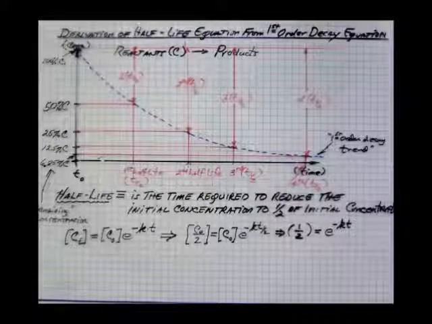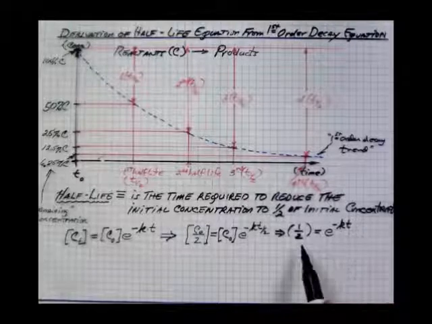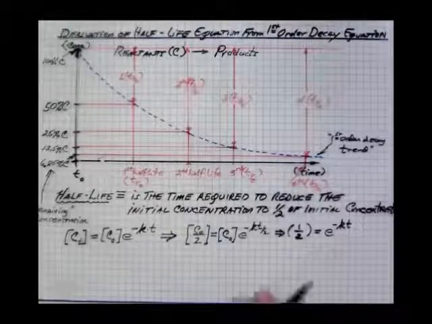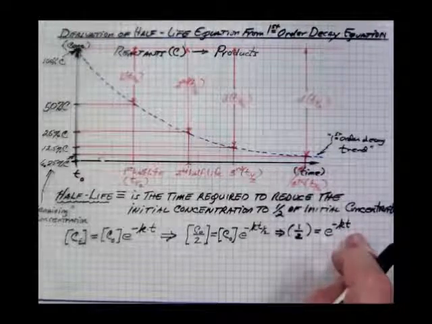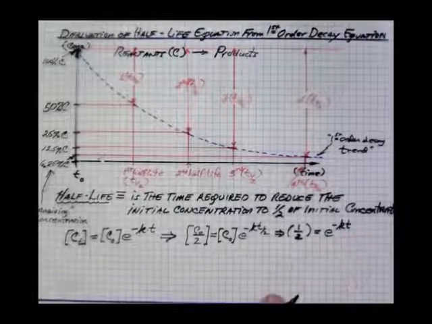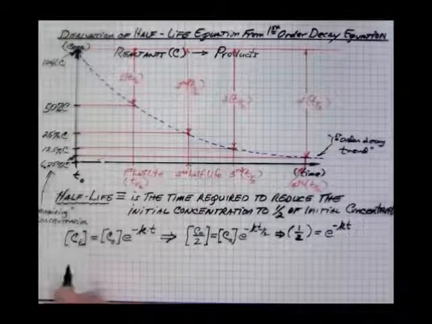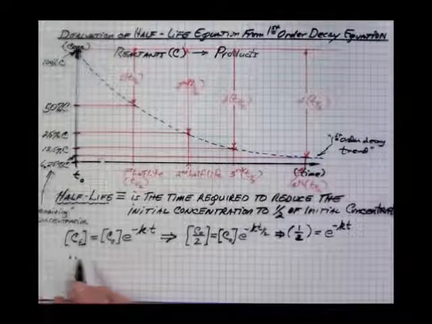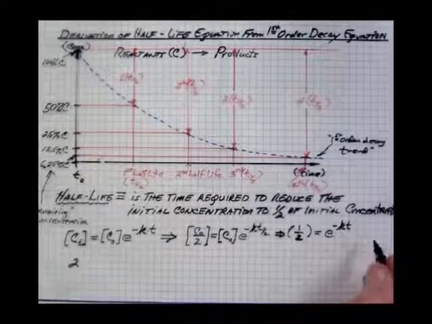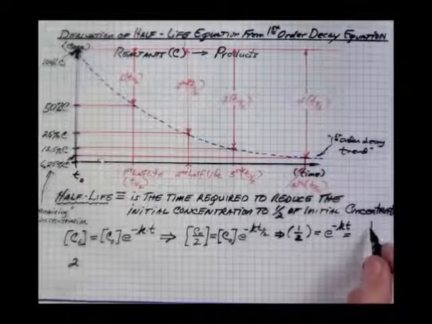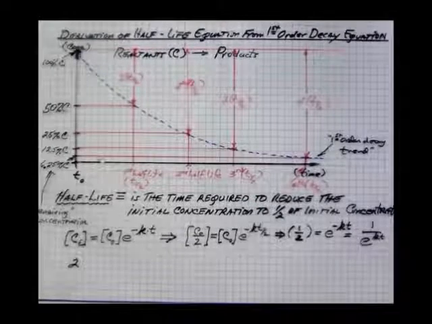The equation can be simplified by turning it over, converting both sides to positives, to get a more useful form. This is actually a reciprocal, so I can write 1 over e to the plus kt.